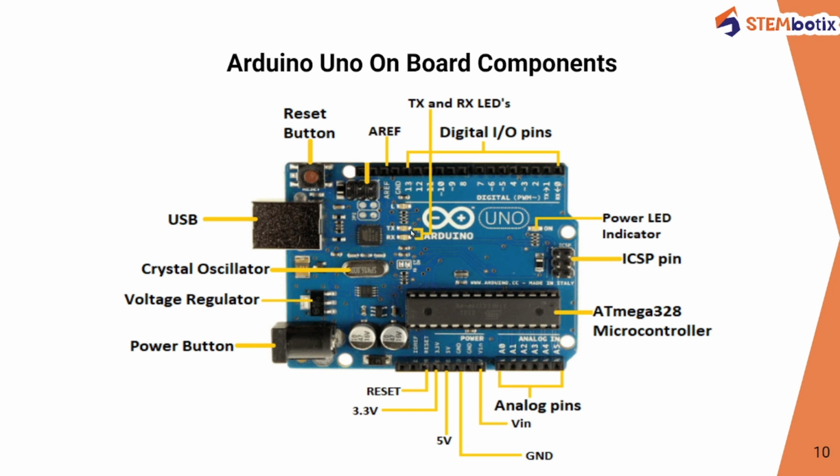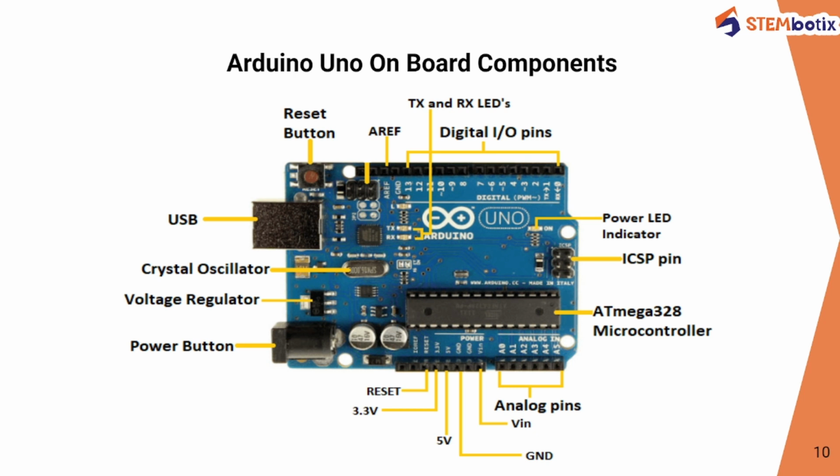After that, we have these TX and RX LEDs. These are small LEDs, this one labeled as TX and this one labeled as RX. TX means transmit and RX means receive. They appear in two places on the Arduino Uno board.